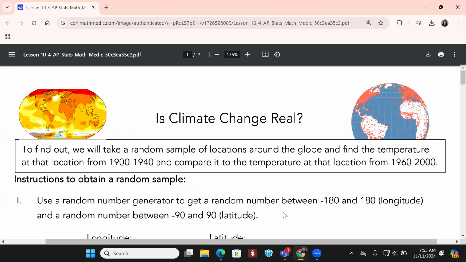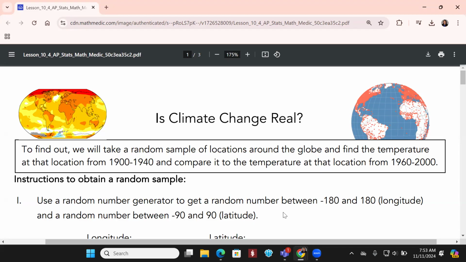Least favorite moment. Okay, so to find out, we will take a random sample of locations around the globe and find the temperature at that location from 1900 to 1940 and compare it to the temperature at the location from 1960 to 2000. Okay, so instructions to obtain a random sample. Use a random number generator to get a random number between negative 180 and 180.